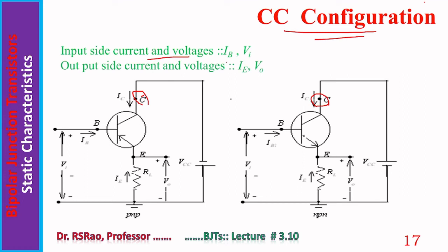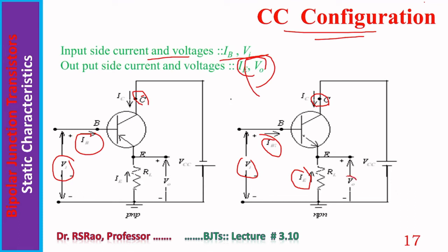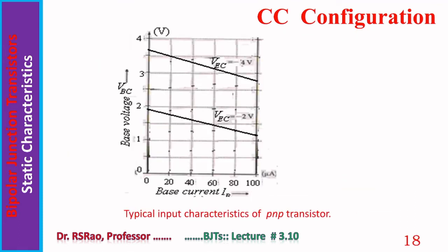Input side current and voltages are IB and VI. Here is VI, here is IB. Output side current and voltages are IE and VO. Here is IE, and this one is VO. Input characteristics of a PNP transistor in CC configuration are shown.